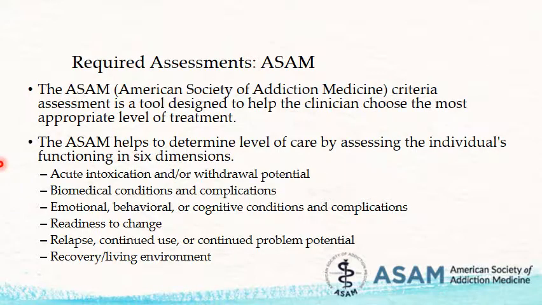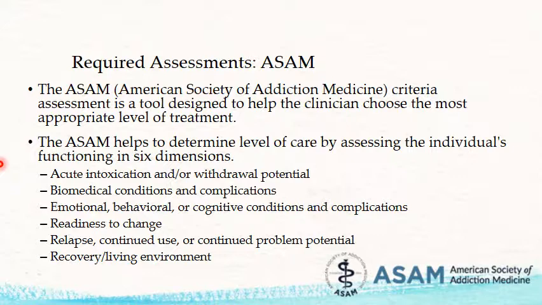Emotional, behavioral, or cognitive conditions and complications. We're looking at individuals who may have very severe mental health problems that may need to take precedence over any other symptoms that they may be experiencing.